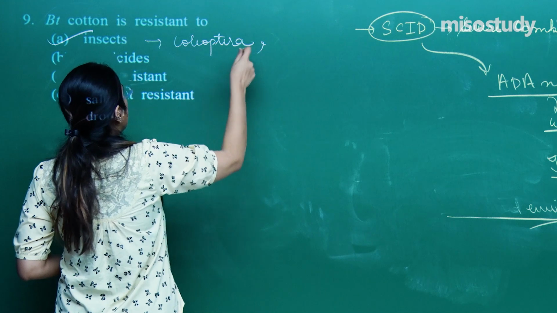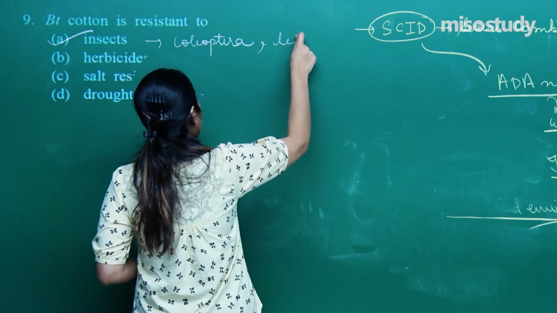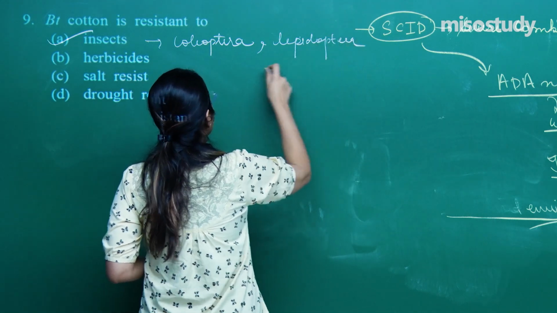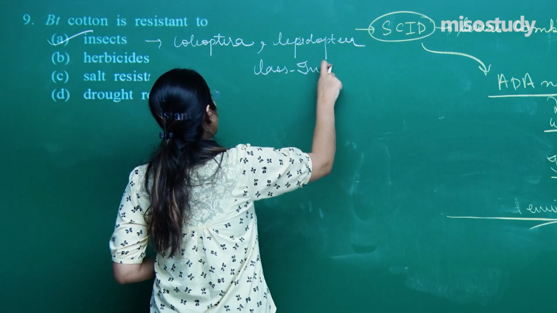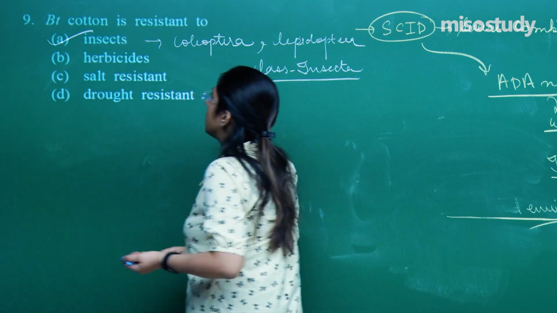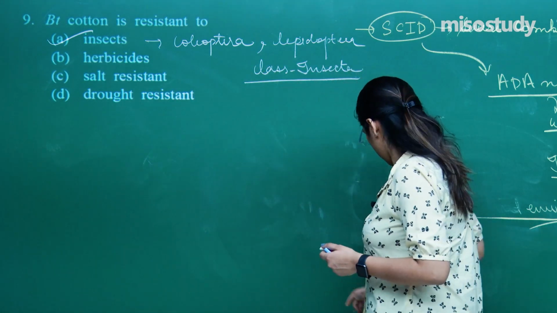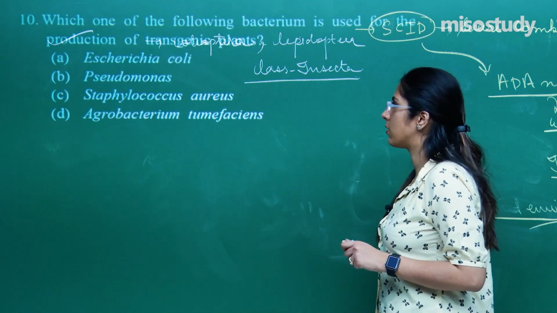This is a beetle, the order Coleoptera and order Lepidoptera. I am talking about the class Insecta, and these two which I have written above are orders, right? They are resistant to the insects, and the gene which is responsible is the cry gene that we have discussed.